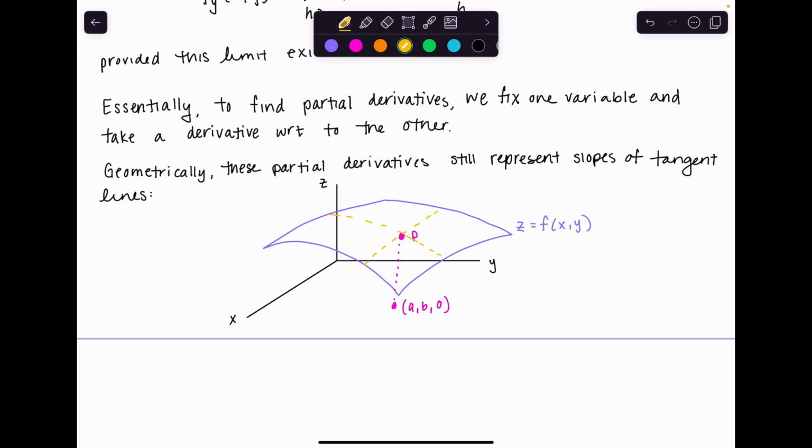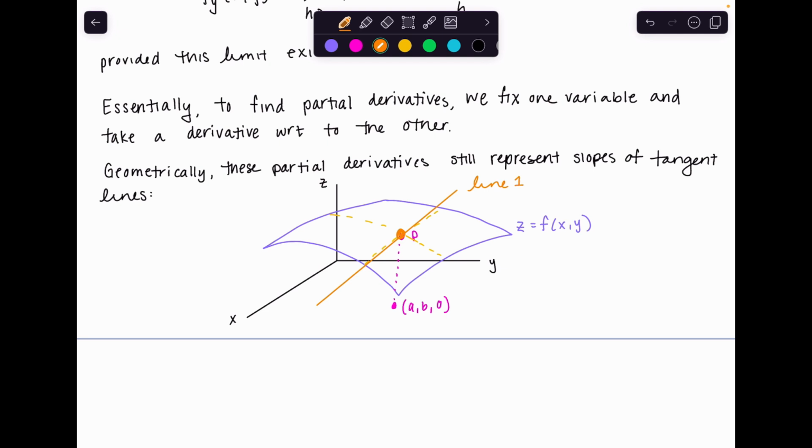So basically imagine you have a coordinate plane sitting on there. It's a projection of that graph onto the y-axis and x-axis. This first line, which runs parallel to the x-axis, I'll call line 1.